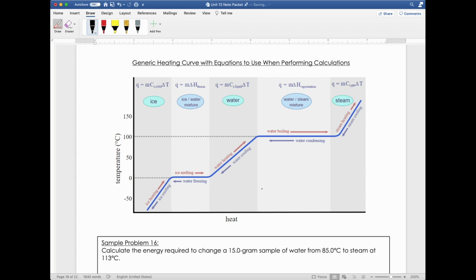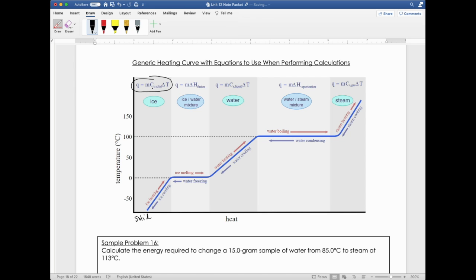If I am raising the temperature of a solid, this right here is another heating curve. I'm at a solid at this point. I can raise the temperature of a solid, and to find out how much energy is required, I can use the equation Q equals MC delta T, where the specific heat is that of the solid material.